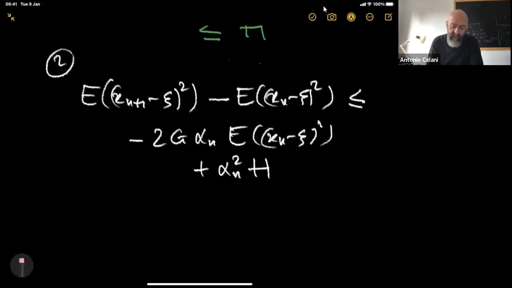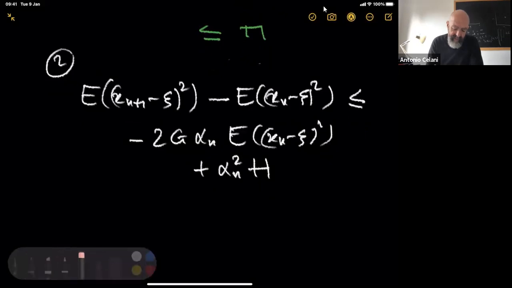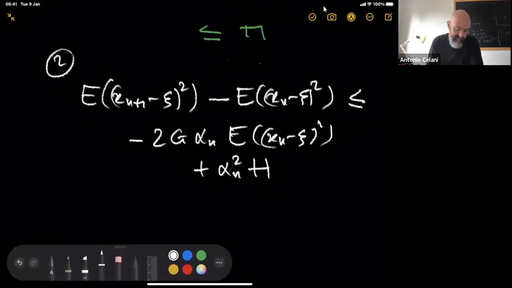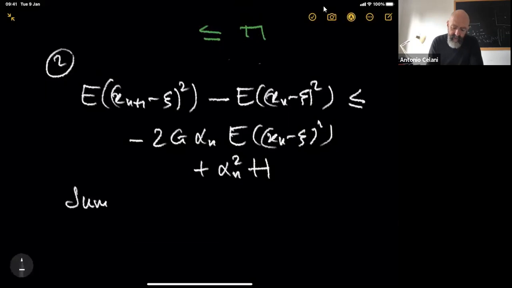So what I'm going to do now is take a sum, the sum over n from 0 to some, I don't know, capital N. So I'm going to take the sum of both sides from the starting point to some point capital N. Why do I want to do that? Because the sum will be a telescopic sum.